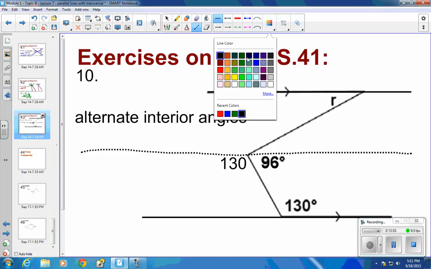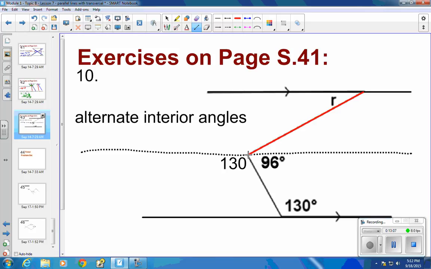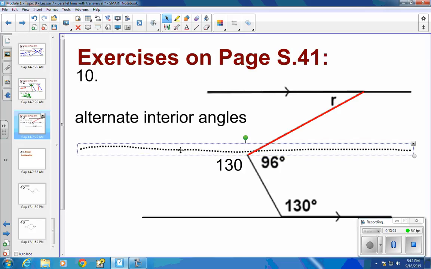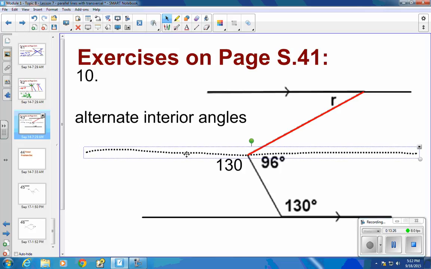Let's just draw this in here for you. We've got this line. What can we do with that 96? Now, I think that 96 has to be put on hold for a second. So let's see if we can do something more with this 130. We already have this line right here, right? Our auxiliary line drawn, which, if it was drawn right, would be a straight line.